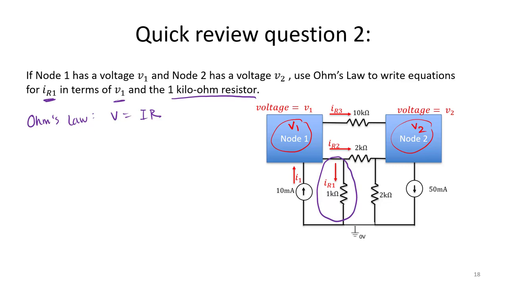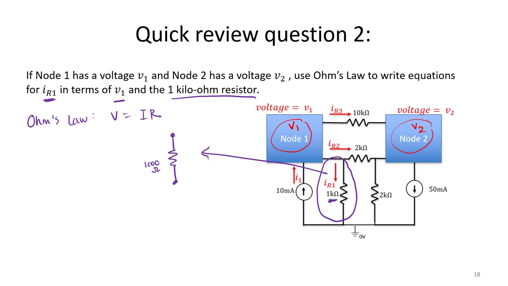So I'm going to go ahead and draw a close-up view of this resistor R1. So here we know that we have a resistance of 1 kilo ohm, or 1,000 ohms. Notice I'm proactively converting units to regular ohms so that I don't accidentally make a conversion error later.